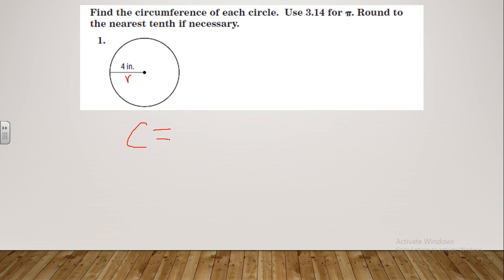First of all, let's write the rule. Circumference equals 2 pi r. Okay, so that will equal 2 times pi times r. So 2 times, he tells you to use the pi 3.14, and the radius here is 4.